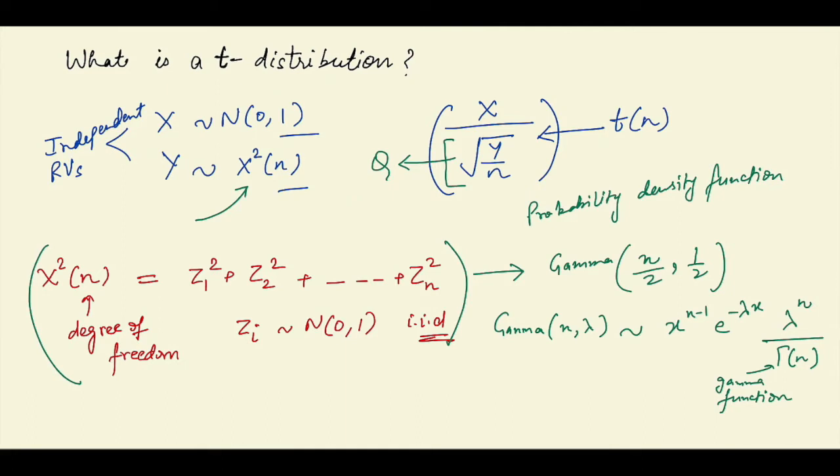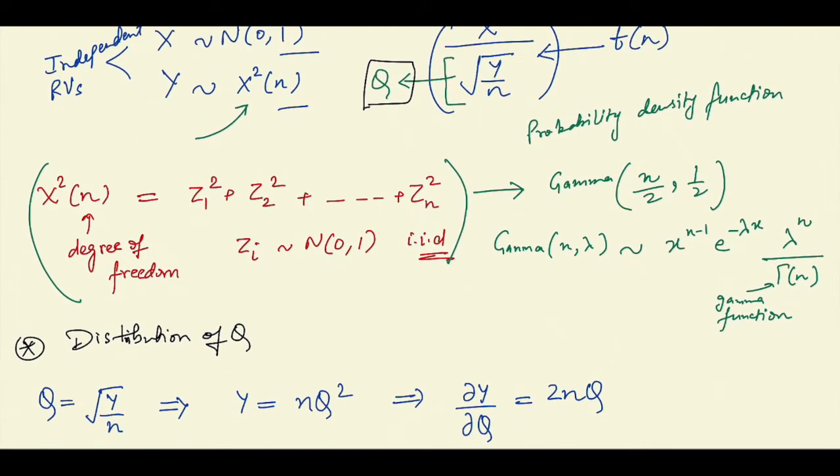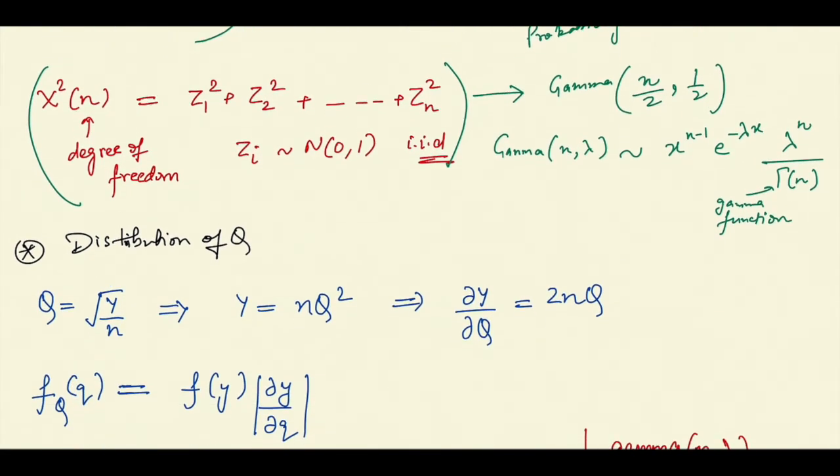So now to calculate the t-distribution, let's first calculate the distribution of this random variable Q. For that we'll use the Jacobian method.